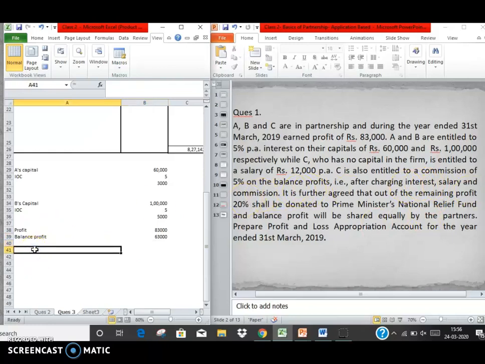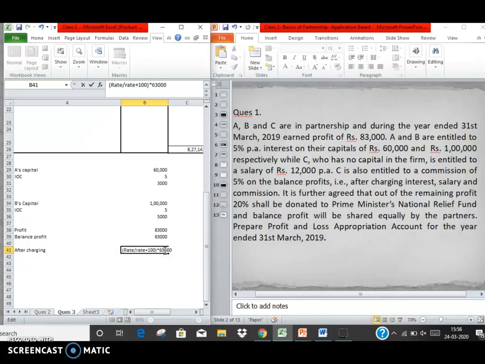So I told you earlier in the class that whenever you have this case of after charging, you apply the formula rate divided by rate plus 100, and you multiply this with your profit.